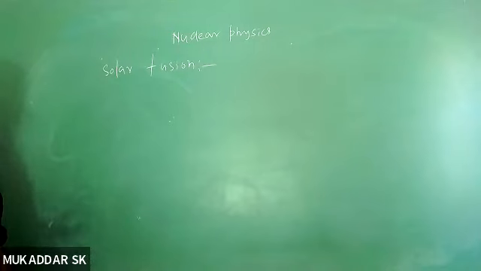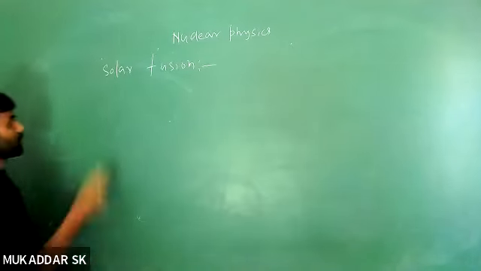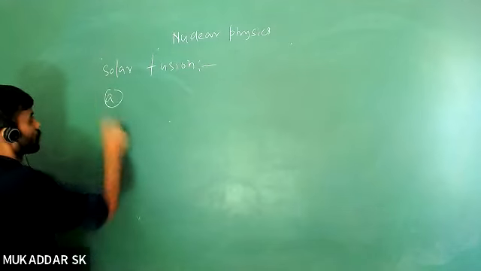Based on their composition, there are two kinds of nuclear fusion reaction that happen. The first is the proton-proton cycle.